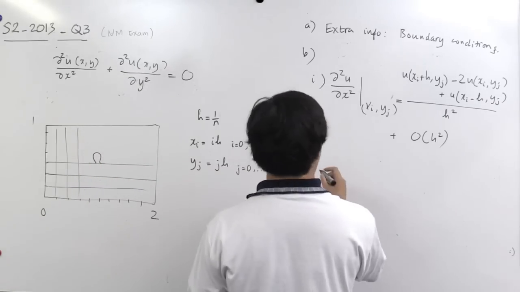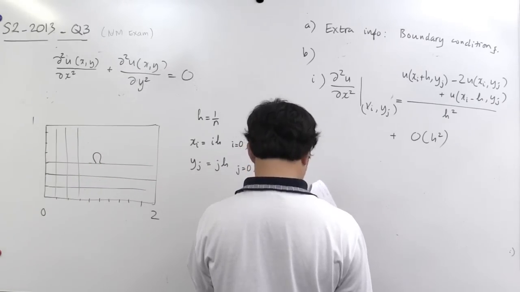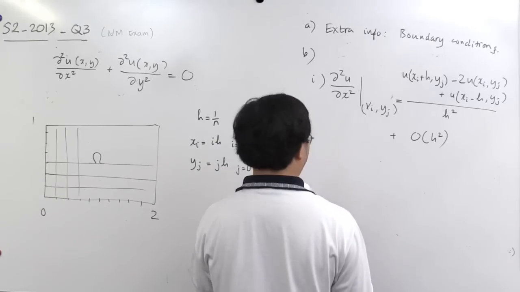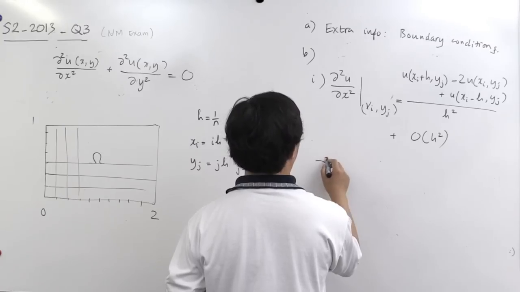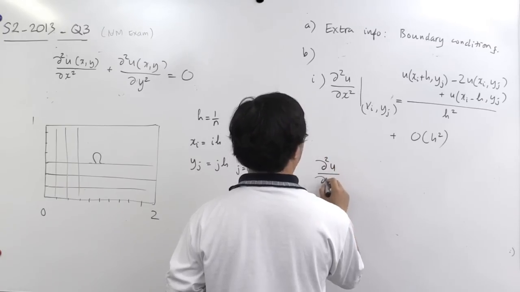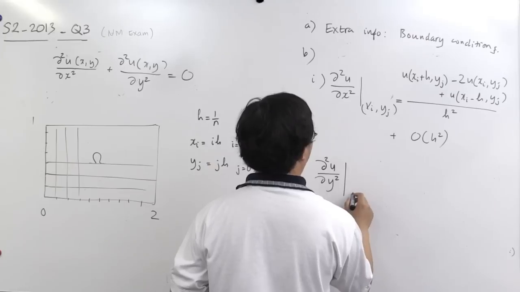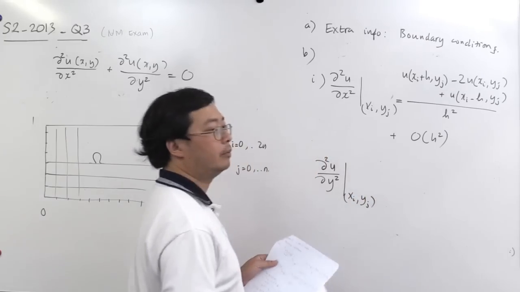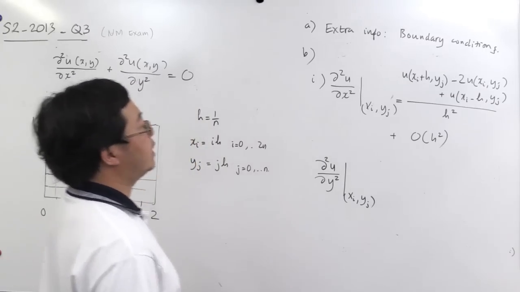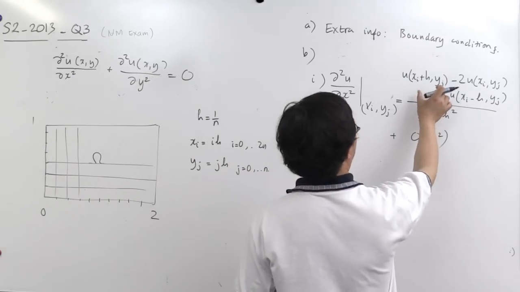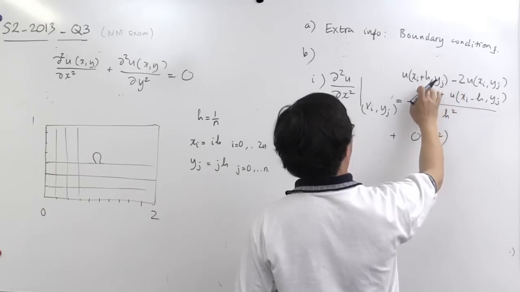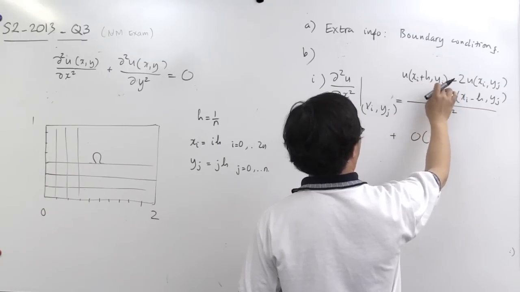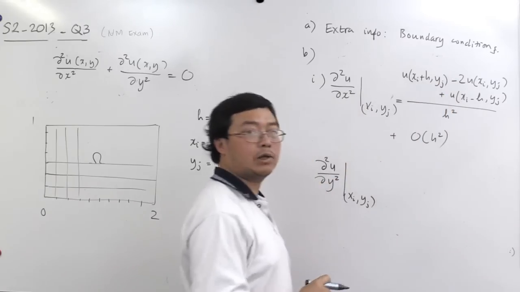And now the second one is, what is the approximation of the second derivative with respect to y, evaluated at xi yj? So now you do exactly the same, except that now instead of the approximation in the x direction, you have the approximation in the y direction.